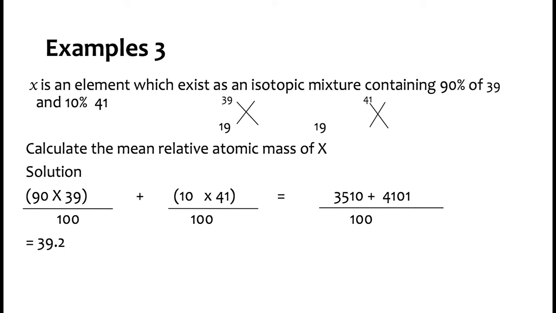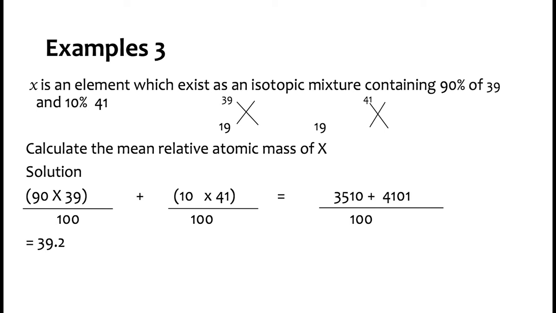So to calculate the mean relative atomic mass of X, we will say 90%, that's 90 over 100, times 39, then plus 10 over 100 times 41. Remember, 41 is the atomic mass of the second one, and 39 is the atomic mass of the first one.